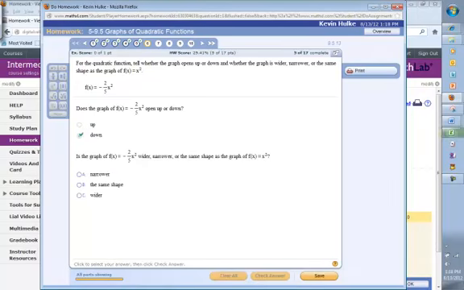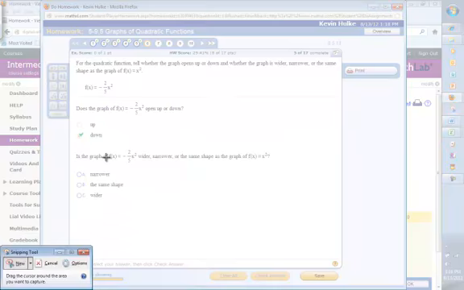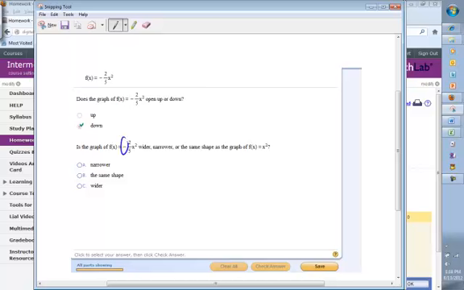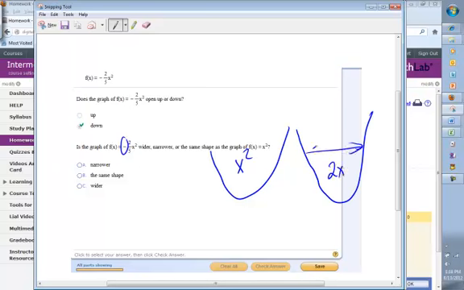Is the graph wider or narrower than the shape? All right, so this sign told us that it was open down. This is a regular x squared graph. If it's 2x squared, then it's narrower than usual.